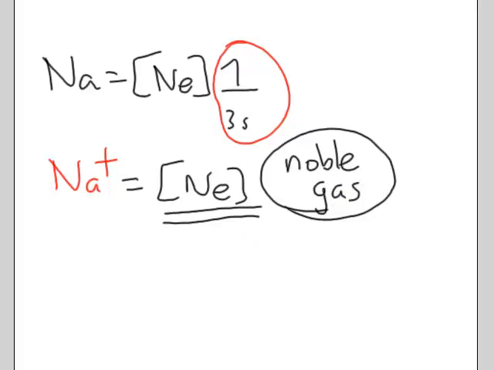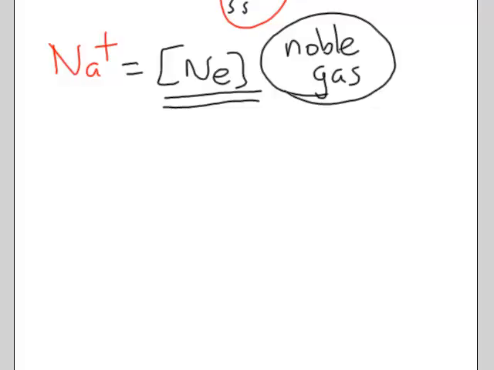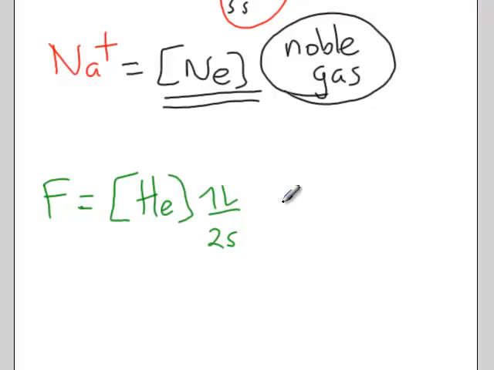If we're talking about a nonmetal like fluorine, fluorine would have a helium core, 2 electrons filling up the 2s, and then the 2p is almost full.